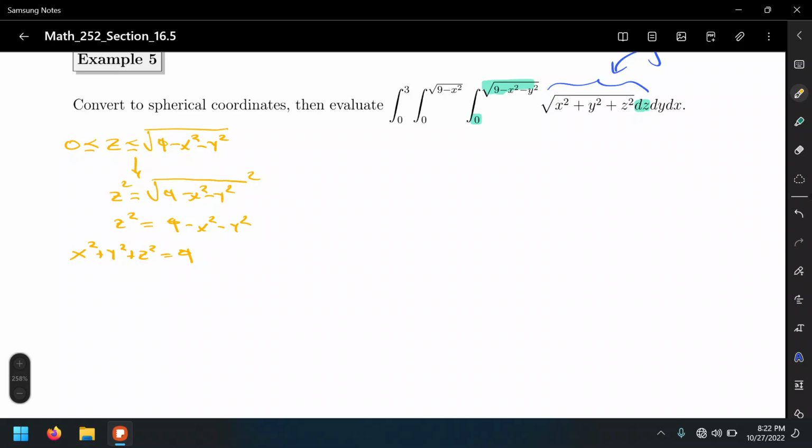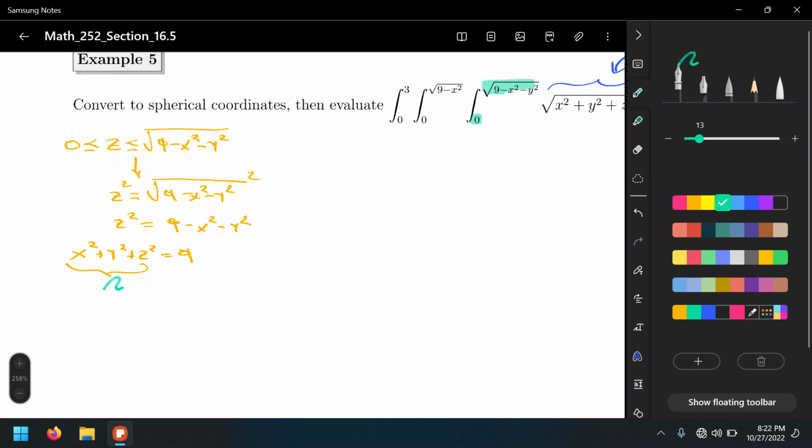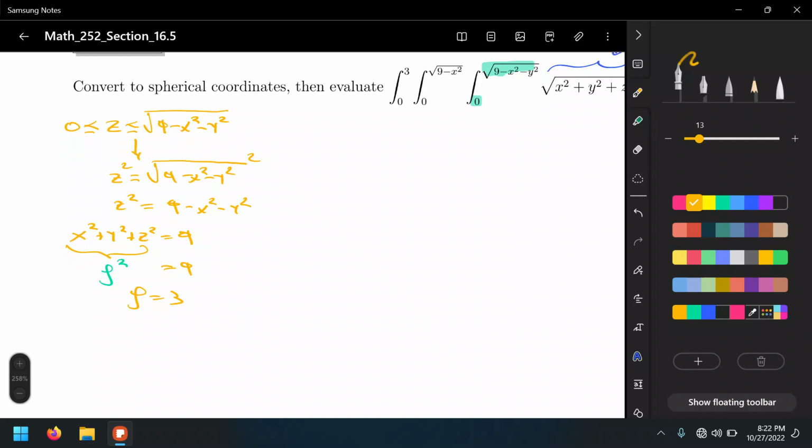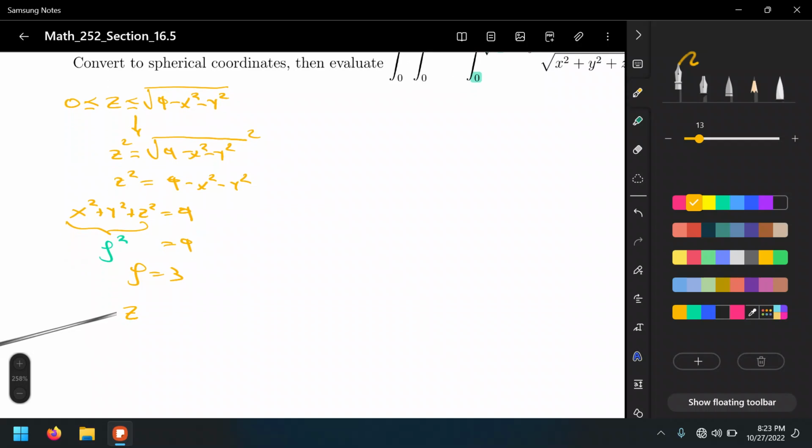Isn't that rho squared, which equals 9? So rho equals 3. So now that we change this equation in terms of spherical coordinates, rho is varying between 0 and 3.